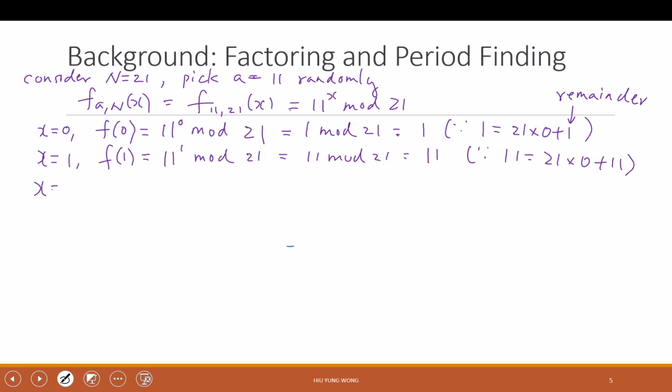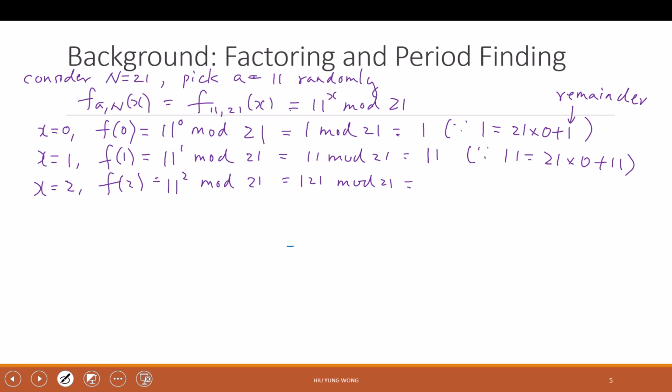Do one more time. When x equals 2, f of 2 equals what? 11 to the power 2 mod 21. So this is 121 mod 21, right? What is this? Wow, you guys are really good.